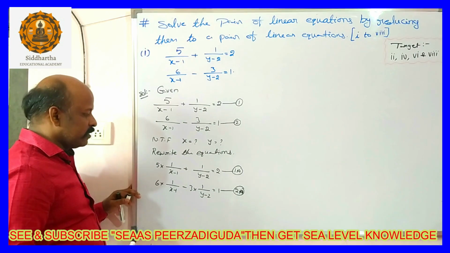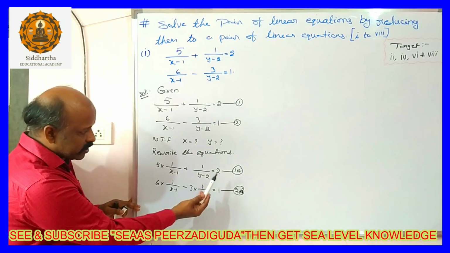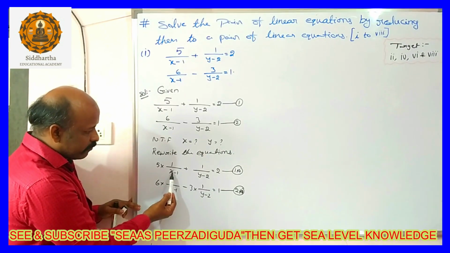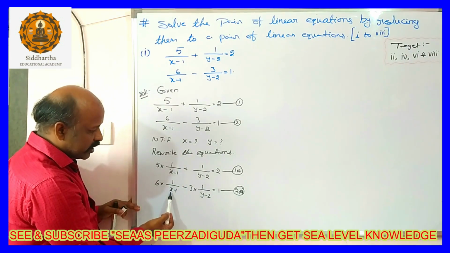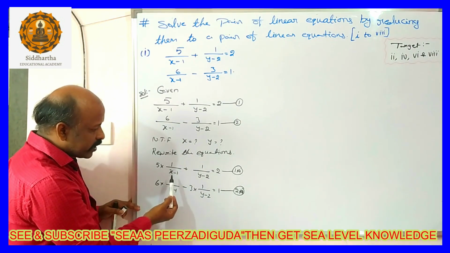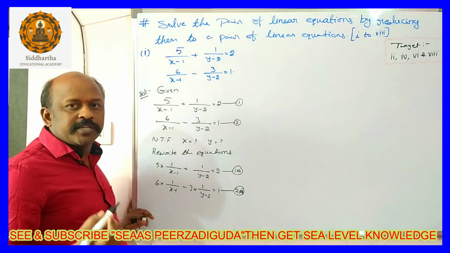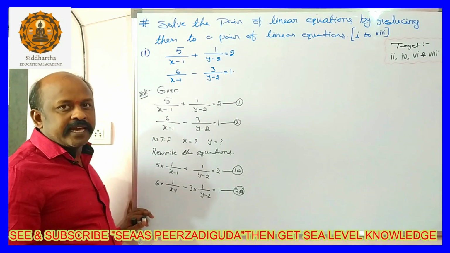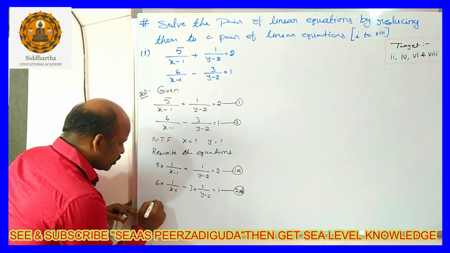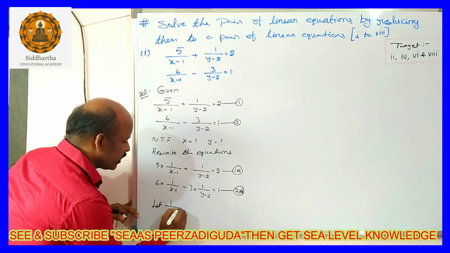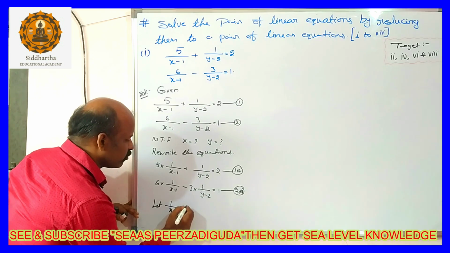After writing this, you observe that in equation 1a, 1 by x minus 1 is there, and in equation 2a, 1 by x minus 1 is there. Instead of 1 by x minus 1, I am going to take a value a. So let 1 by x minus 1 be equal to a.